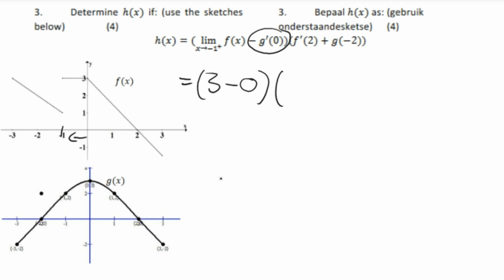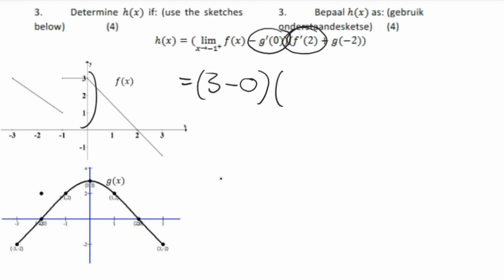That is bracket of the derivative of the function f of x at 2, the gradient of the function f of x at 2. This is just a straight line going down like that with a nice triangle there that I can just use to calculate the dy over dx. That will be the gradient of that line. That is just 3 over 2, but because it's going down, it's -3 over 2.